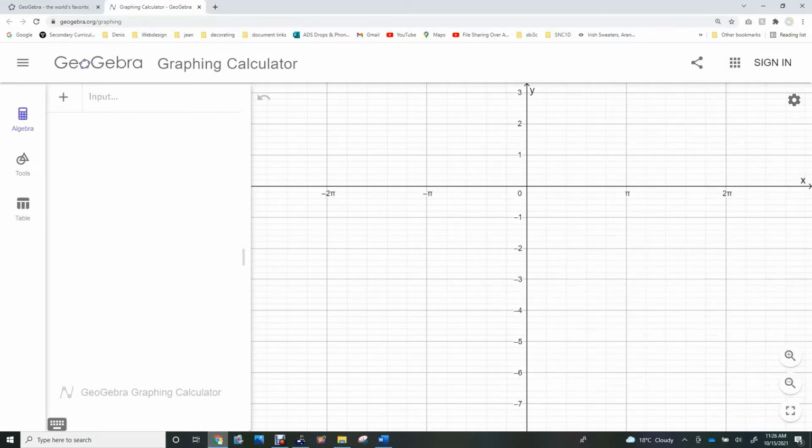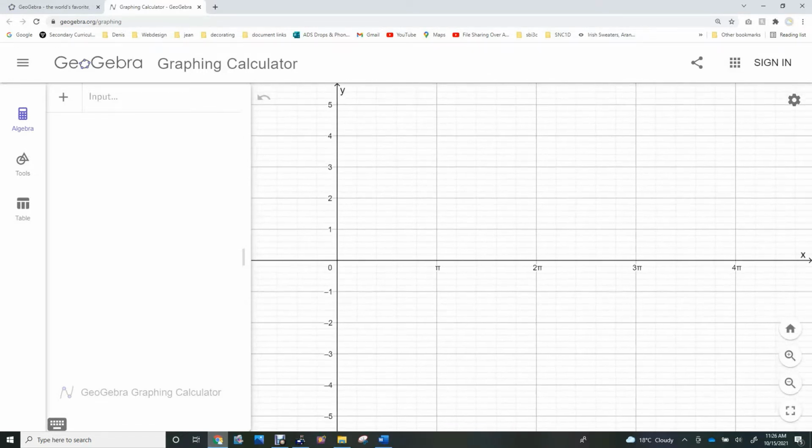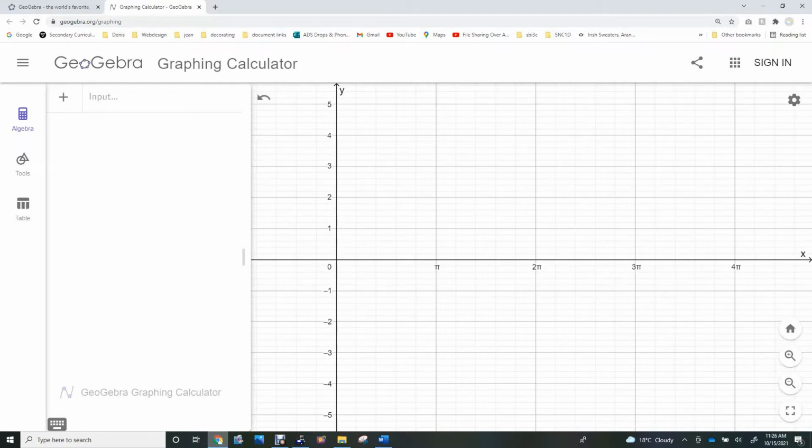Now we can hold our cursor and position the graph, and we're dividing this into 5 units. So 1, 2, 3, 4, 5. We've chosen 5 because if you read the question that we will be doing and determine the period, it's 4/5. So we want to maintain the 5 units.